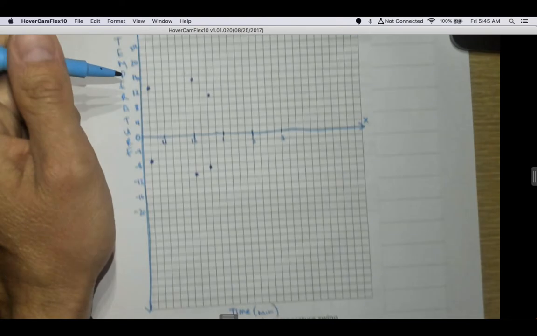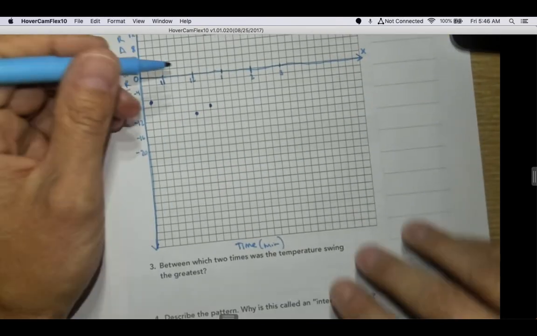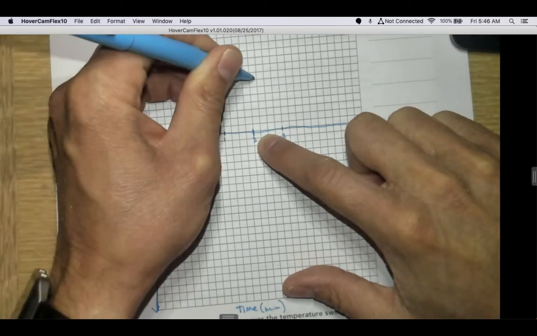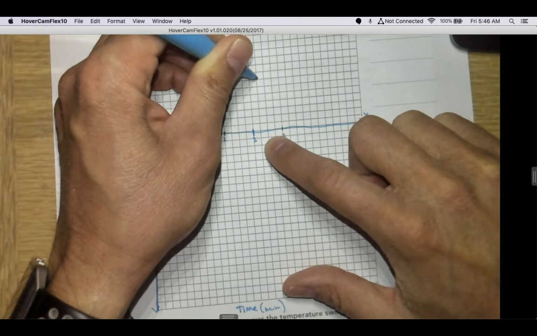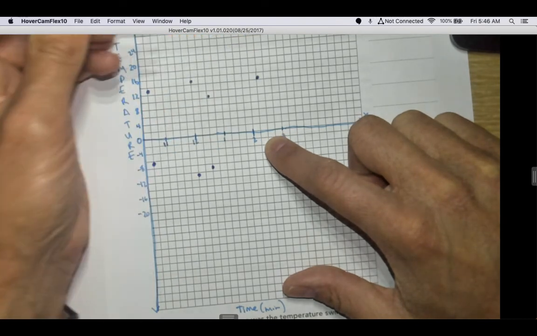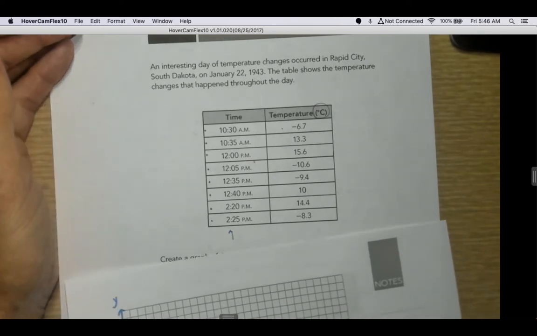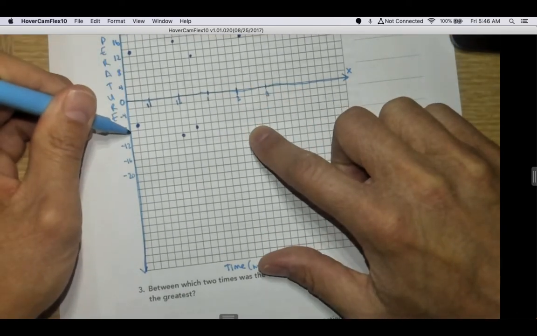Okay. Then at 2:20, it goes to 14.4. Okay. And then at 2:25, it goes to -8.3.